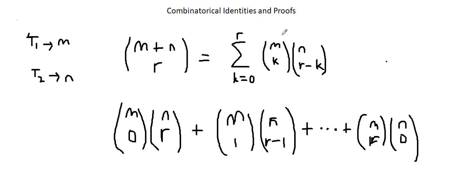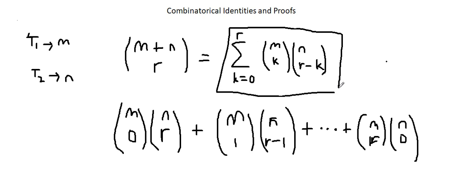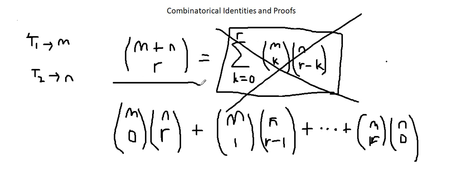you don't even need to memorize this final bit. You don't need to memorize this, so I'm just going to cross that out. Just knowing this will help, because you could easily list out every single case. It would not take that long.